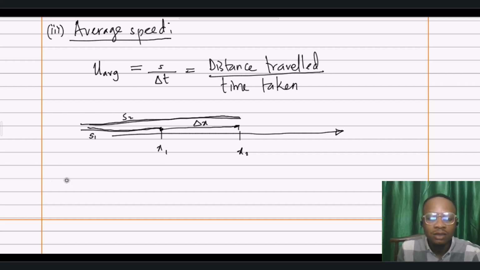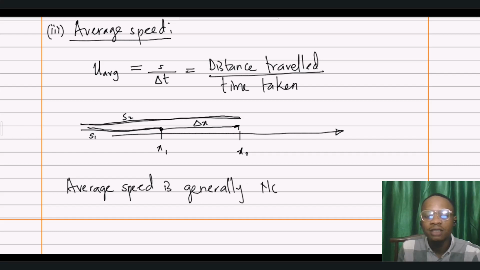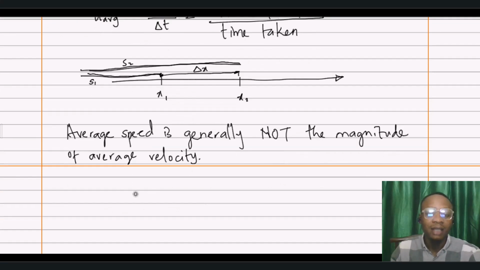Let us take note of that: average speed is generally not the magnitude of average velocity. All right, so that is the idea.